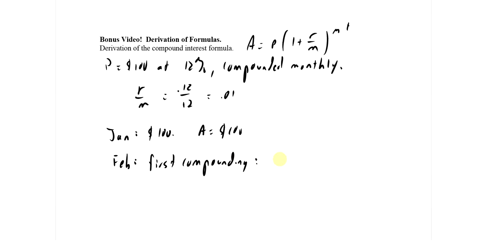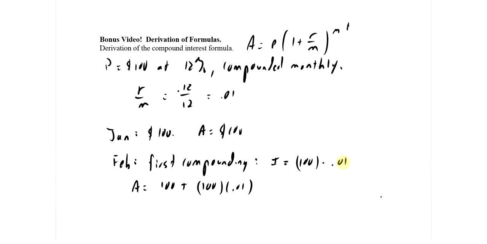How much interest do you get? Well, you get 0.01, right? 1% interest every month, right? Because you're getting 12%, 12 times a year, so that's 1% each time. So the interest you get is 100 times 0.01, right? Which is 1, but we're not going to actually worry about it too much, because the amount in the account is the $100 that you had from previous, plus this interest, which is 100 times 0.01.